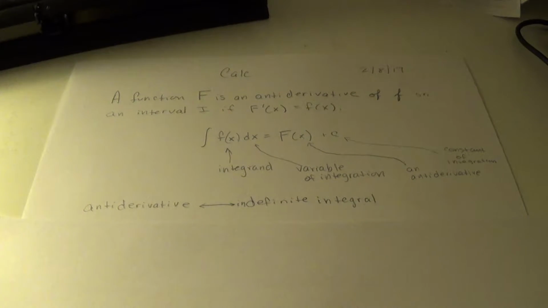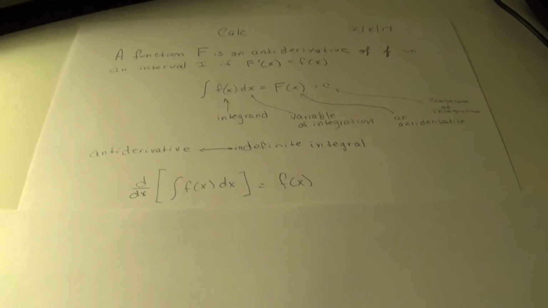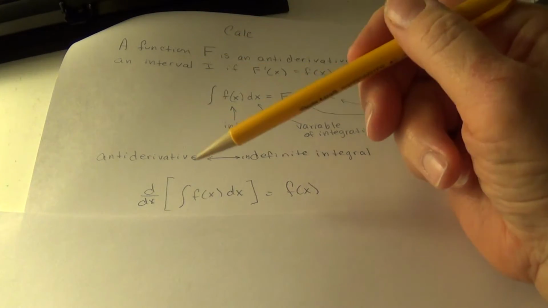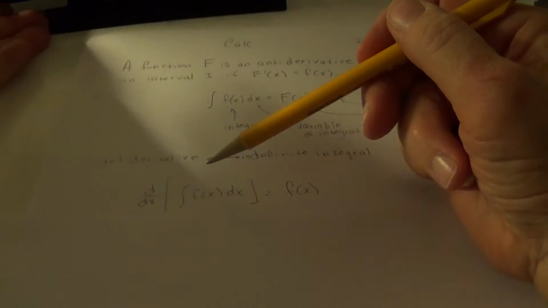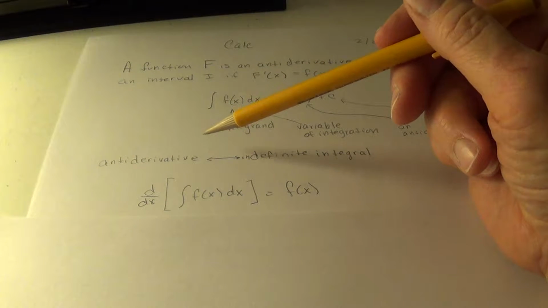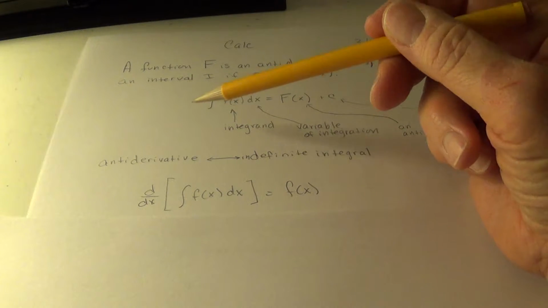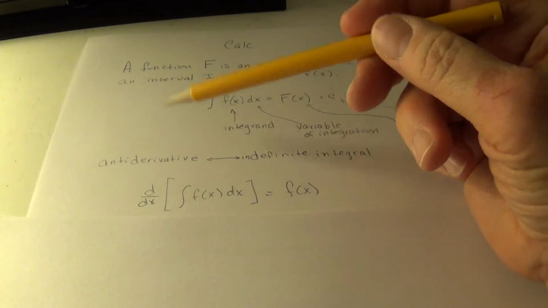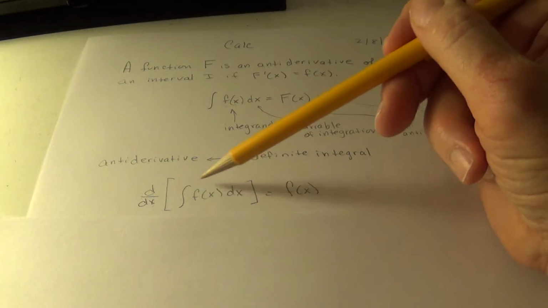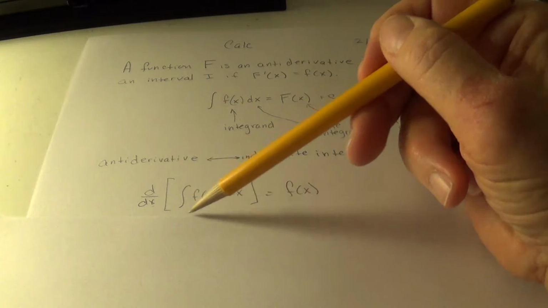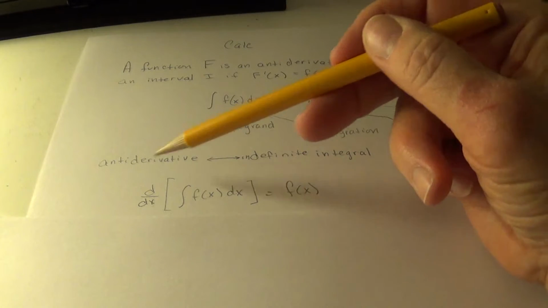All right, so another way of putting all this together, and I mentioned yesterday that an integral and a derivative are opposites, like multiplication and division. So here I put that in symbolism, and I say the derivative of an integral is f of x. So I'm taking the integral of f of x and then taking the derivative.